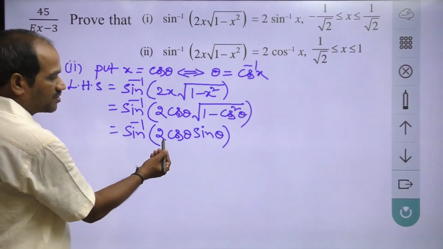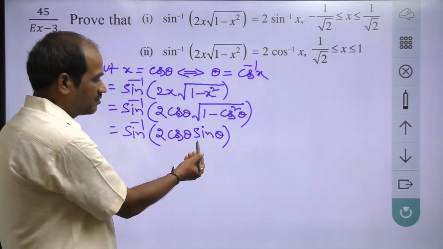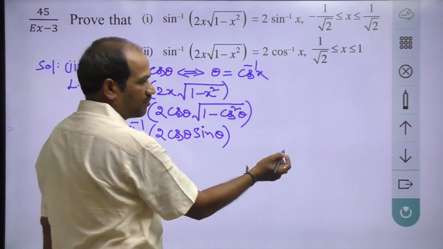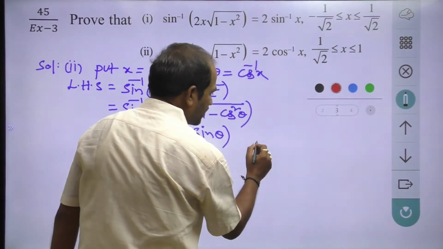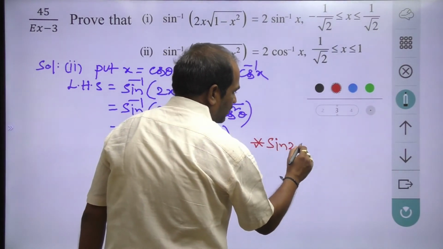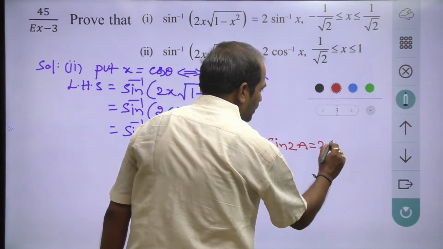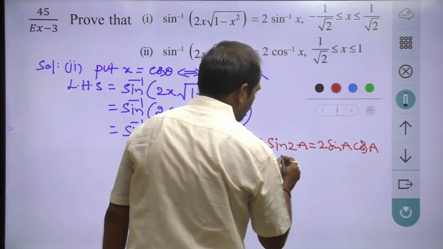See here, this is the same formula, 2 sin theta into cos theta, the sin 2 theta formula, as in the first problem. The sin 2a formula: sin of 2a is equal to 2 sin a into cos a.